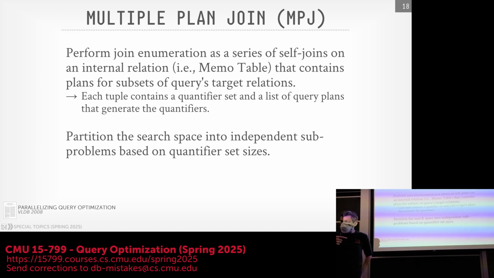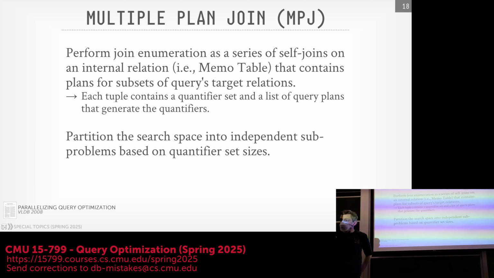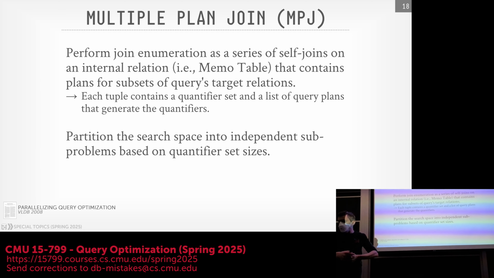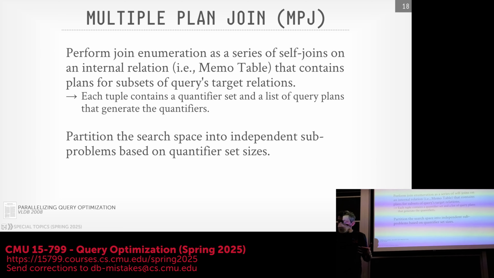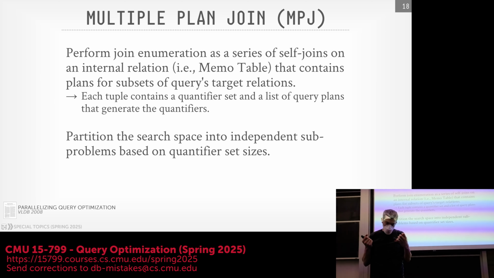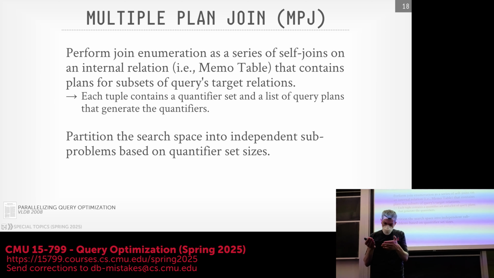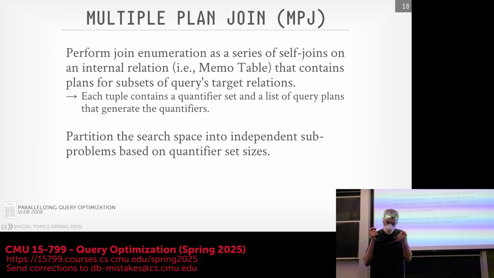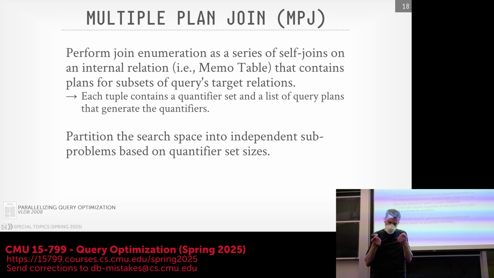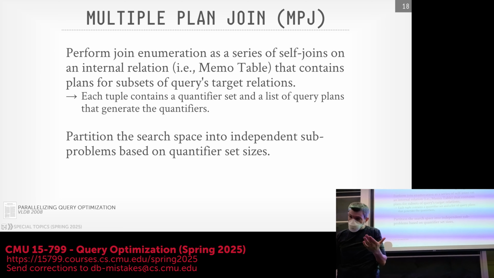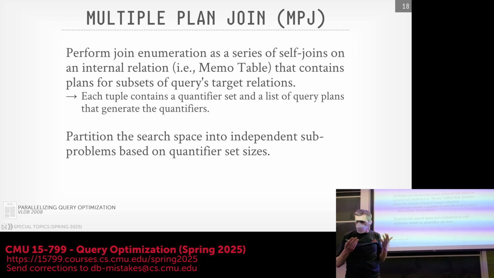And then when you want to figure out what kind of enumeration you want to do, you're just doing self joins on that same table within your database to do the enumeration. And then there's a little trick they do to decide how to allocate the exploration tasks to your workers, in such a way that you minimize the amount of wasted time workers have because they don't have any work to do.